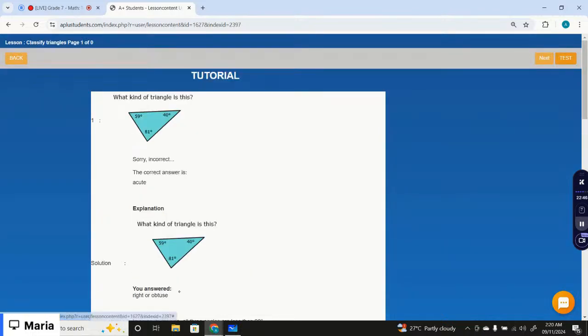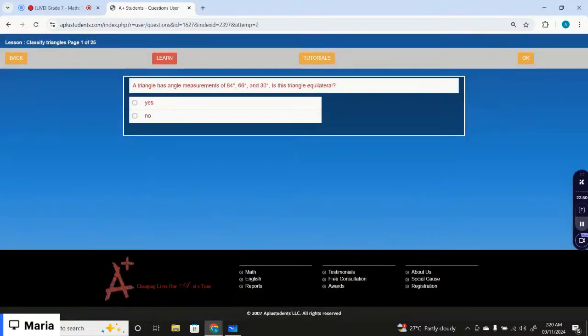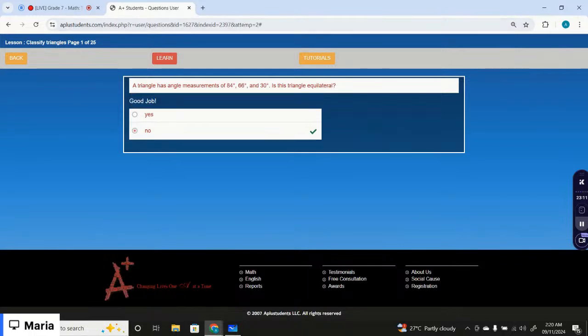Let's just start with the test questions. A triangle has angle measurements 84 degrees, 66 degrees, and 30 degrees. Is this triangle equilateral? The correct option is no, that is not an equilateral triangle.